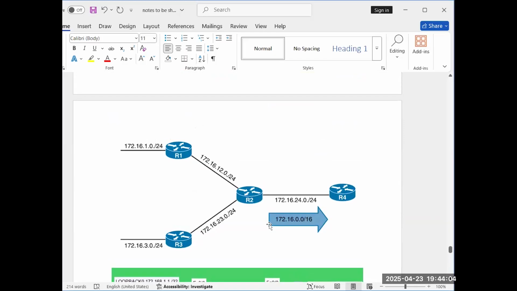Yes, class B. All the host bits turn to network bits. Yeah, that's why those zeros are ones. Okay, got it. So in this network, it's only the third octet that was changing: 1, 2, 3, 4. So the network address will be 0.0, right. Got it.